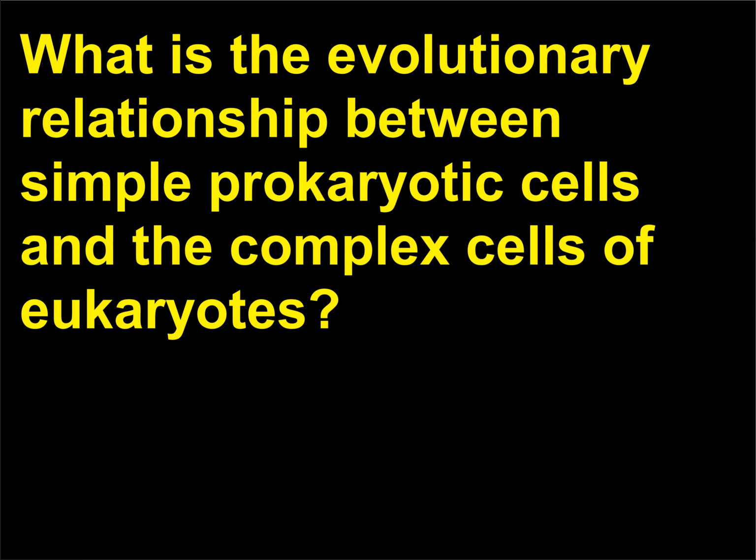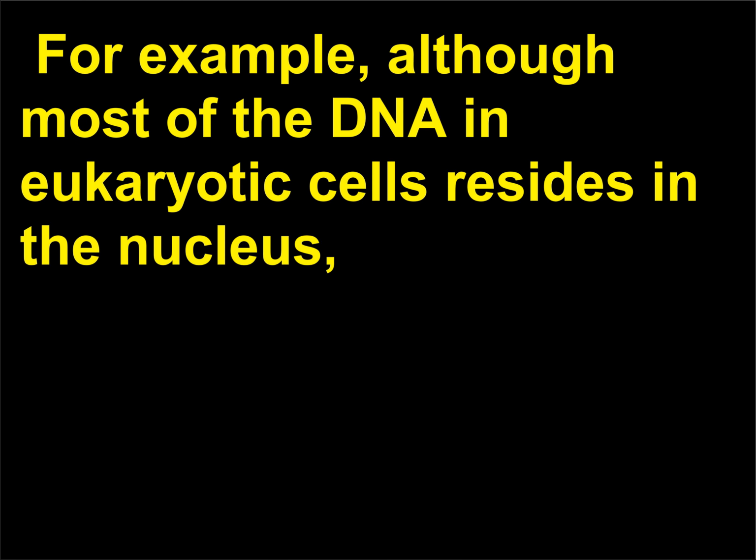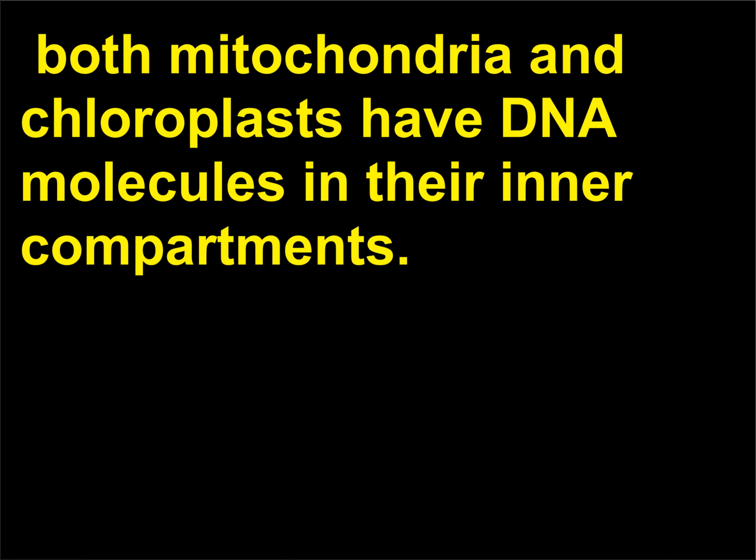What is the evolutionary relationship between simple prokaryotic cells and the complex cells of eukaryotes? Mitochondria and chloroplasts have prokaryote-like features. For example, although most of the DNA in eukaryotic cells resides in the nucleus, both mitochondria and chloroplasts have DNA molecules in their inner compartments.